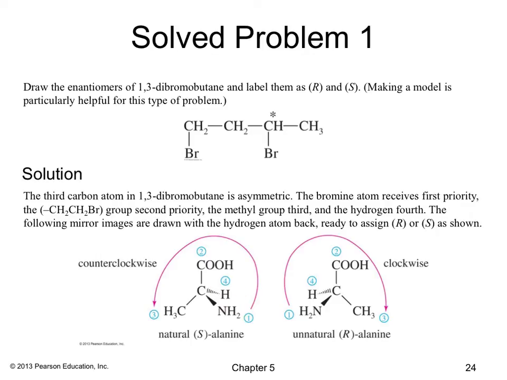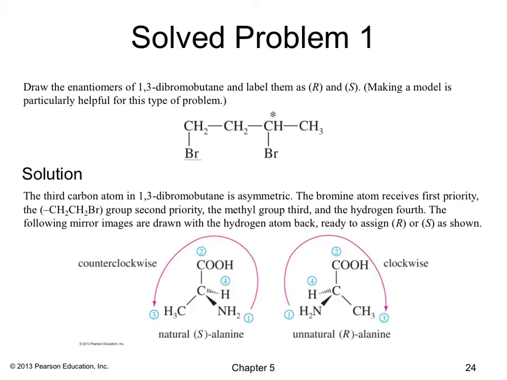And you have a hydrogen that's going to be 4. You have your bromine group, which is going to be 1. So instead of the NH2, we can put the bromine group here. The second group would be CH2, CH2Br here. And the third group would be CH3. This would be the S.